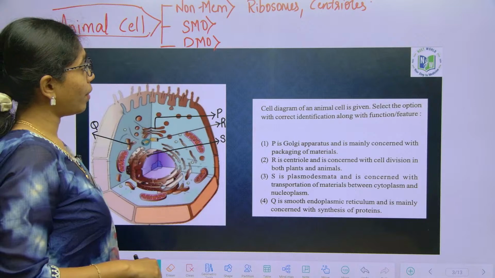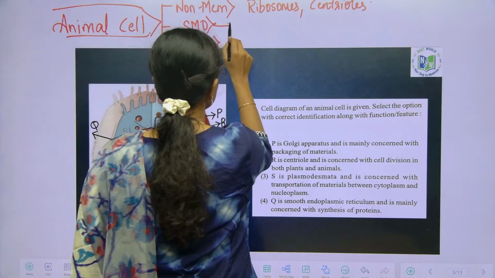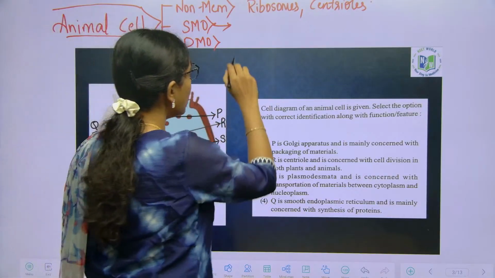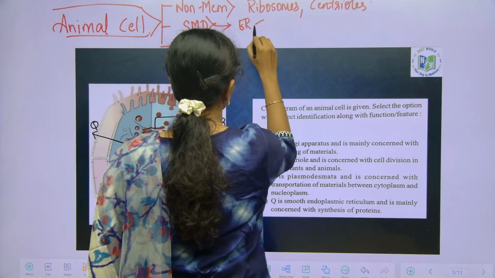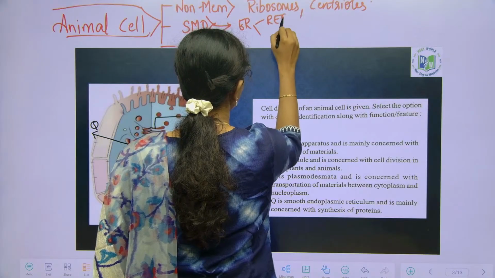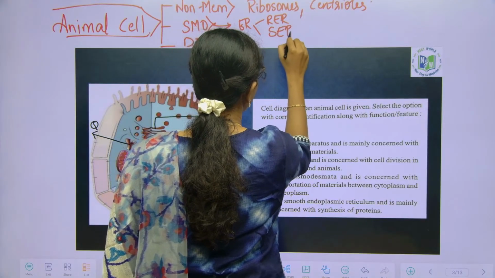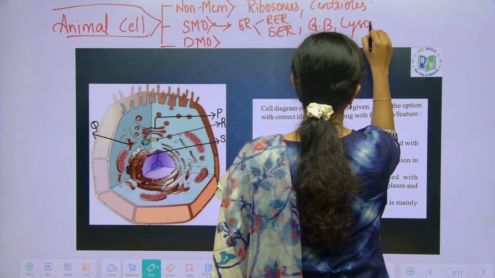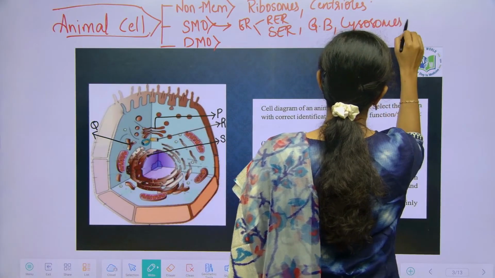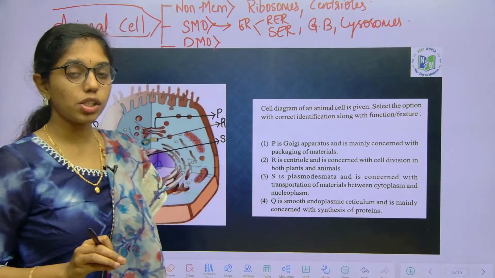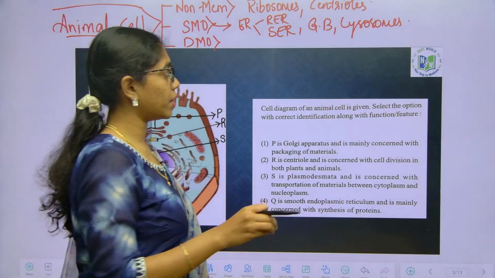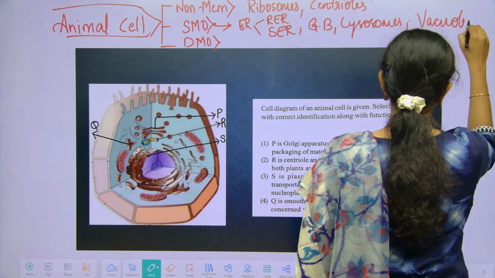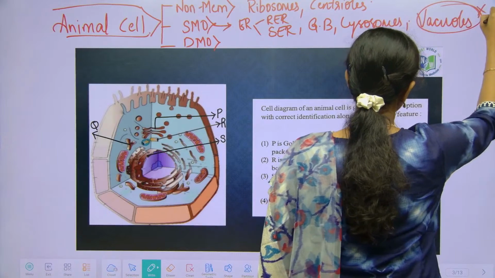Single membrane bound organelles include all those organelles which are involved in the endomembrane system, like rough endoplasmic reticulum and smooth endoplasmic reticulum, Golgi bodies, lysosomes, and vacuoles are negligible here. Vacuoles are negligible, even if they are present, they are very limited. You can also consider vacuole, but you have to remember that vacuoles in an animal cell are limited.